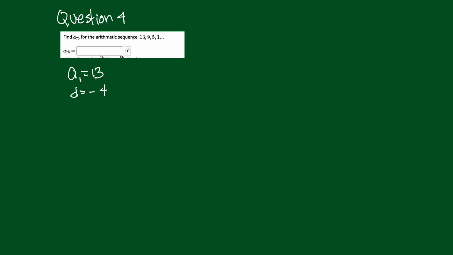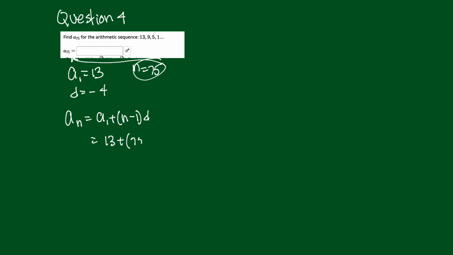Now let's use our formula. The nth term is equal to a1 plus the quantity n minus 1 times the common difference. a1 is 13, plus n. Now we're looking for the 75th term. n is equal to 75, right? That's what we're looking for here.